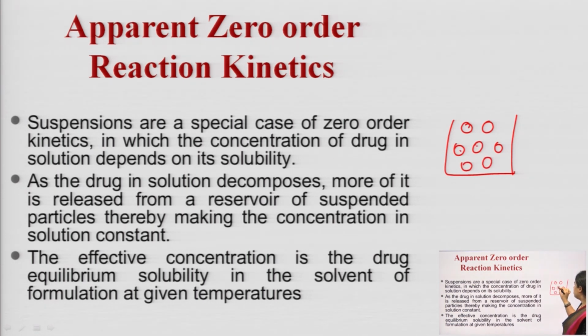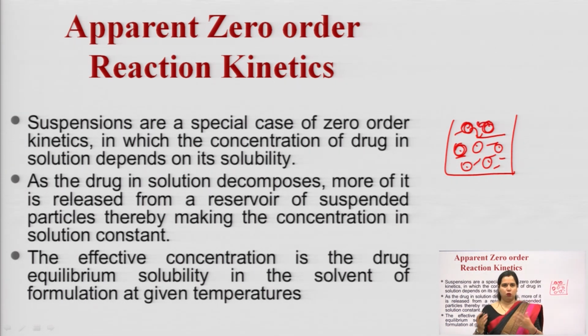So, we can say that this is a reservoir type of particle suspended all over the solvent. This is a special case that a drug gets solubilized within the system by means of any solubilizer or any suspending agent.